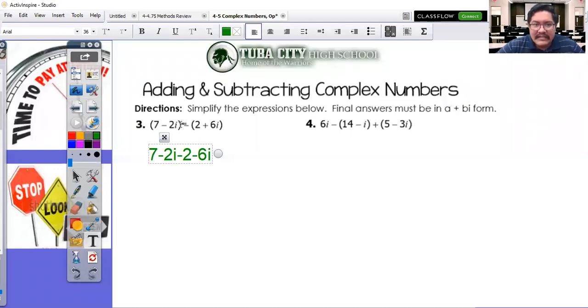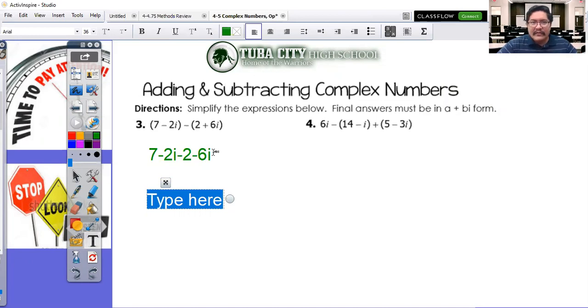So you can think of it like distributing a negative, but really what's happening is you are subtracting that entire group. So that 2 is being subtracted, and that positive 6i is also being subtracted. So both of them are being subtracted, and that's going to allow us to see the actual numbers. So again, it looks like 2 and 6i, but it's actually -2 and -6i.